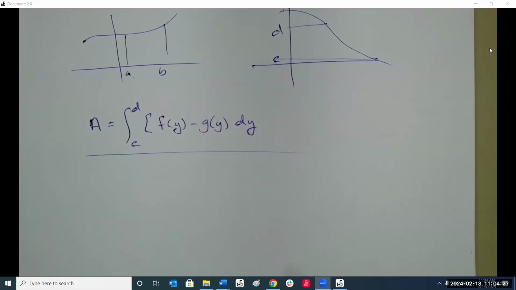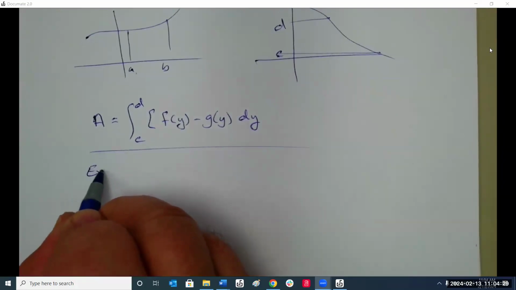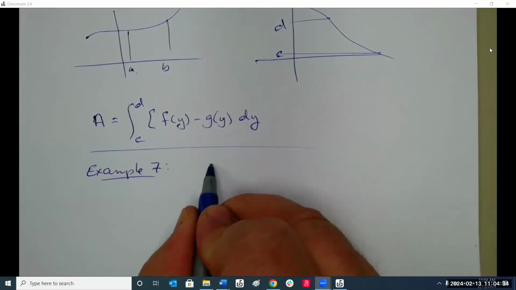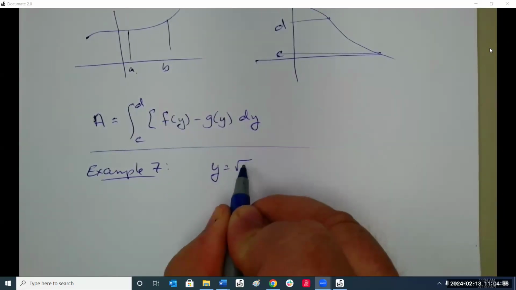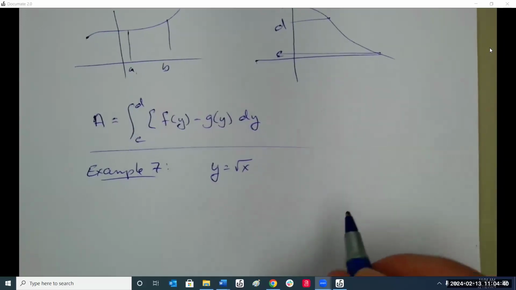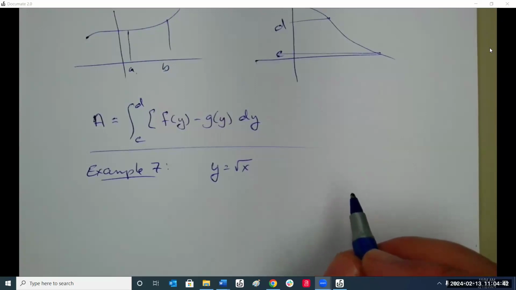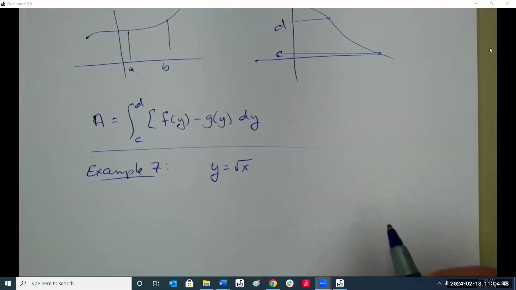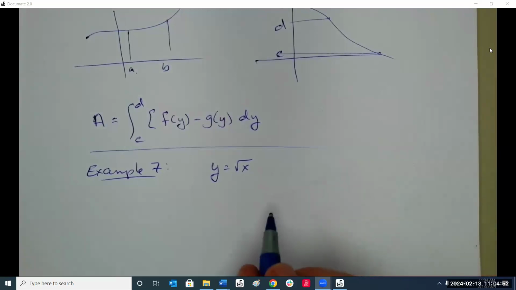So look at the example we just had. This is example 7. Y equals radical x. And so it says find the area of the region in example 6 by integrating with respect to y.